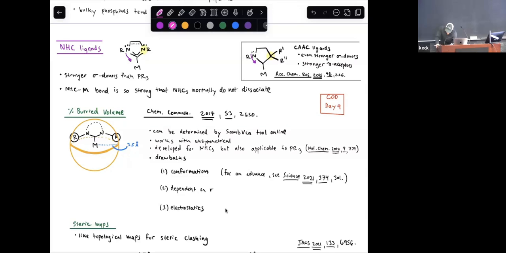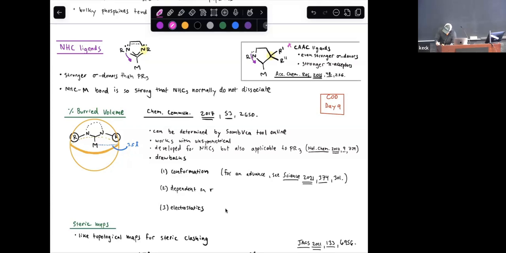And being here in San Diego, I can't help but introduce a related family of ligands to NHCs. These are the cousins called the CAAC ligands, cyclic alkyl amino carbenes. What you've done here is that in the NHC, you've done a point mutation of one of the nitrogen groups to a quaternized carbon group. So what does that do?